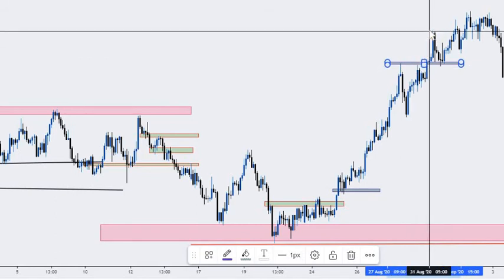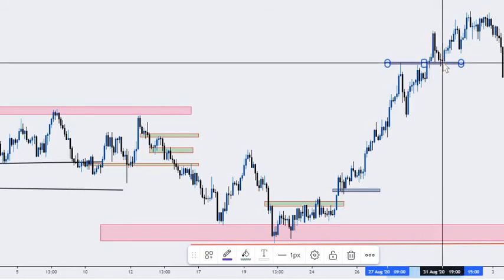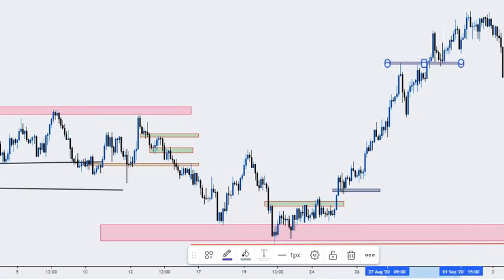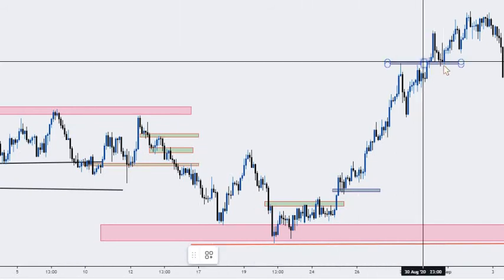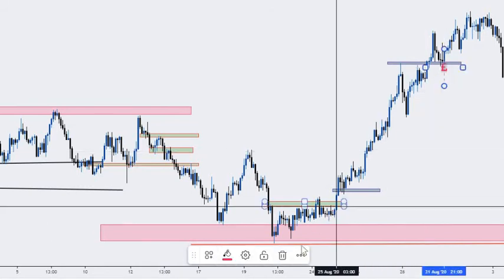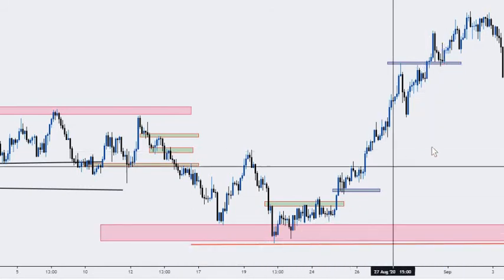As price for the product comes back into this area, there was a lot of demand for it at this particular price. So the price for the goods continues to remain high because demand for the goods is high.